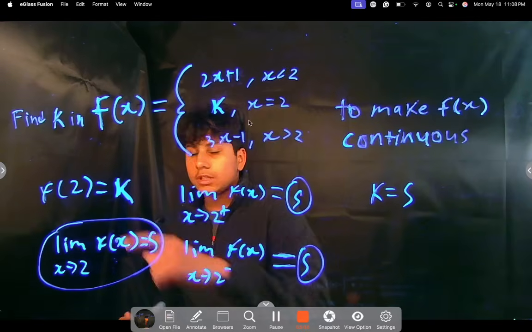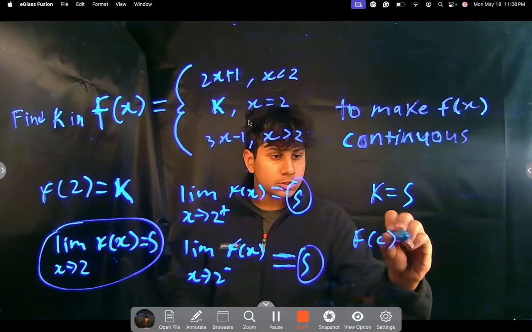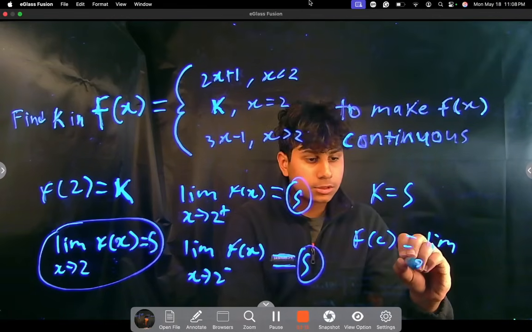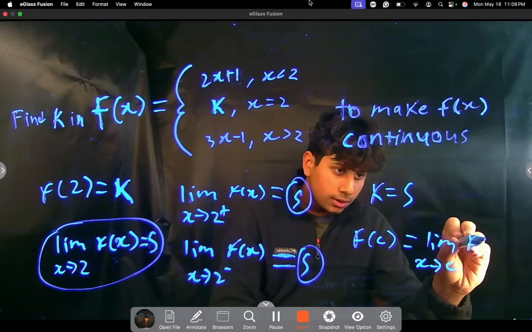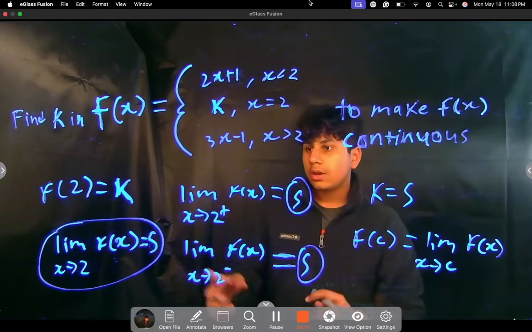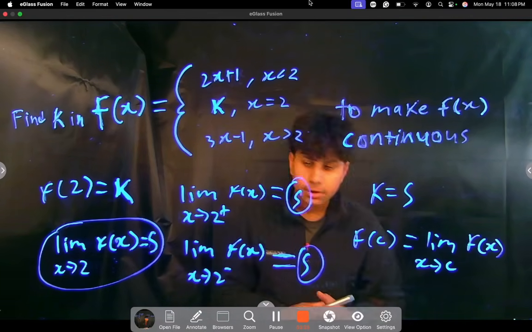Let's say 2 is c. Here, f of c should be equal to the limit as x approaches c of f of x. That's what we're trying to state here. So in order for that to be true, k is just going to have to be 5.